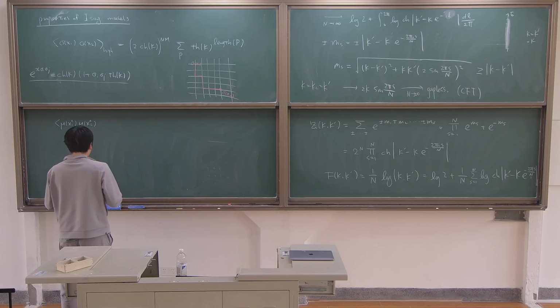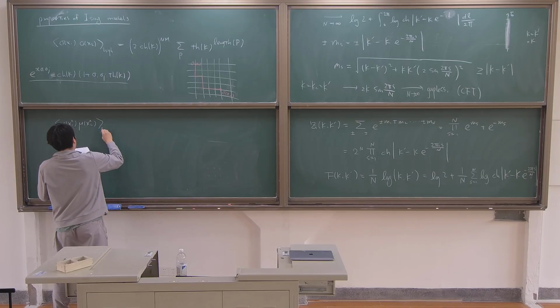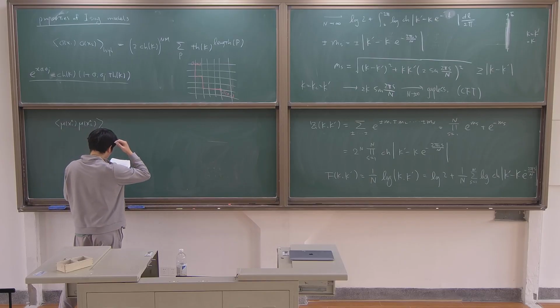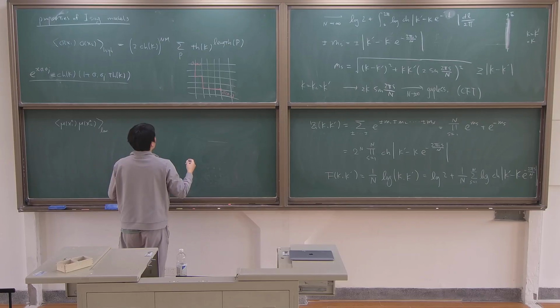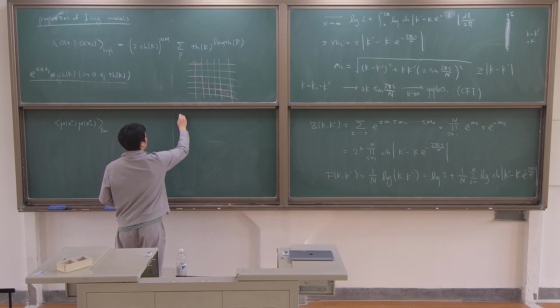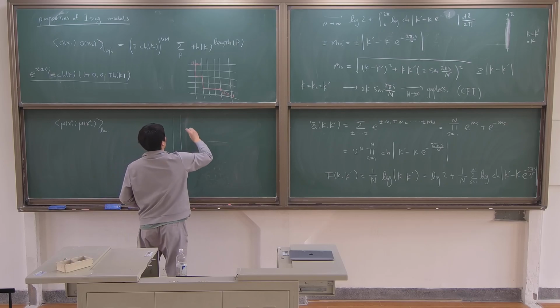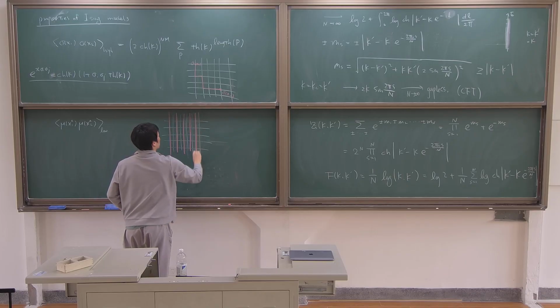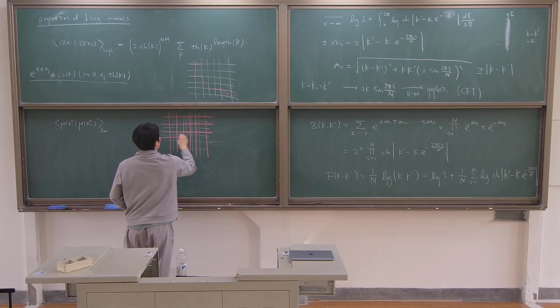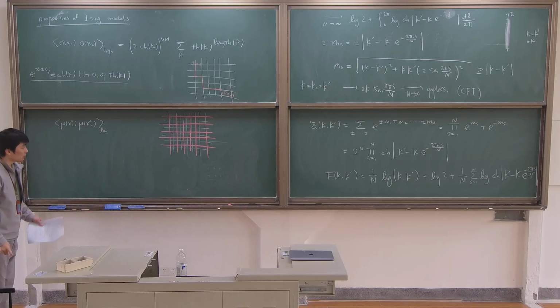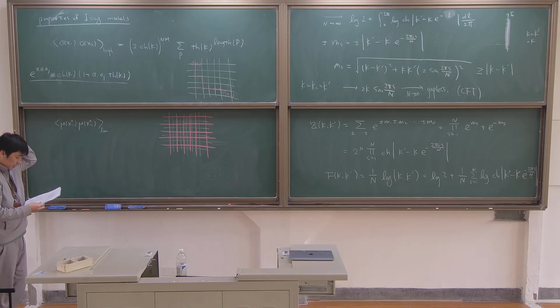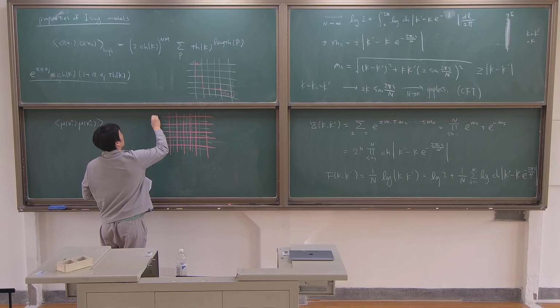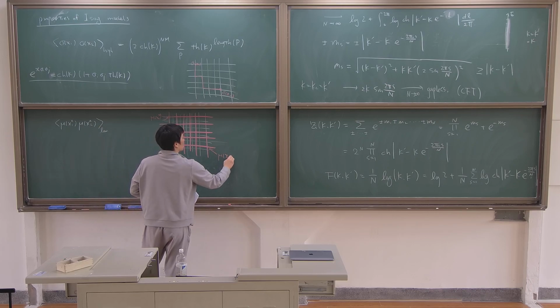To take the dual side in the low temperature regime, if you take a dual side like this, you put the μ of x1 star in here, and the μ of x2 star in here.